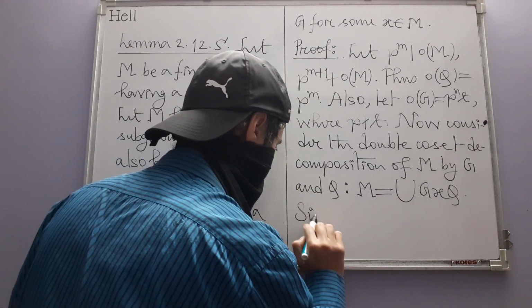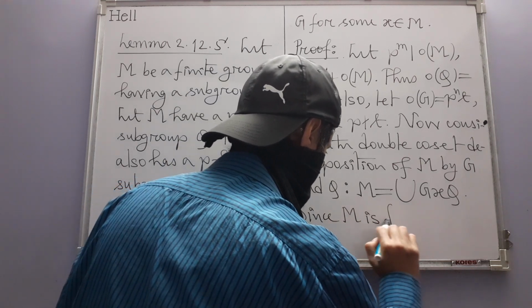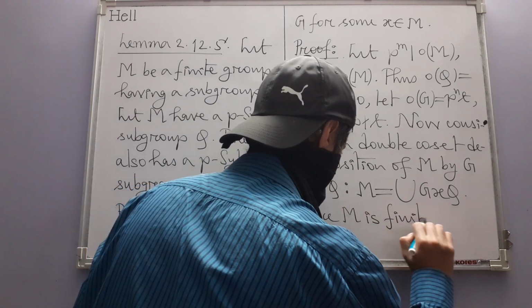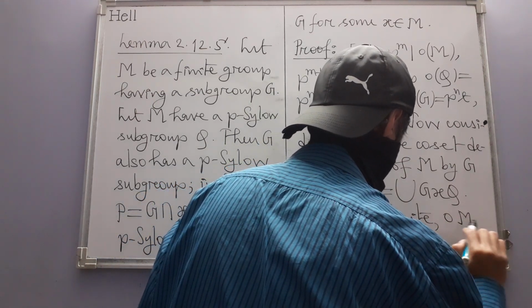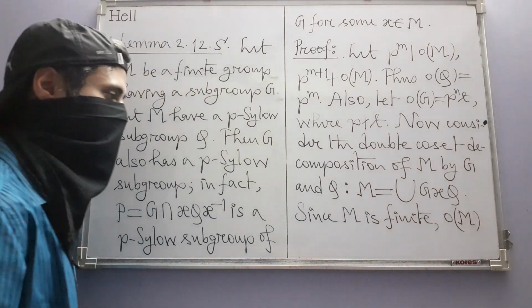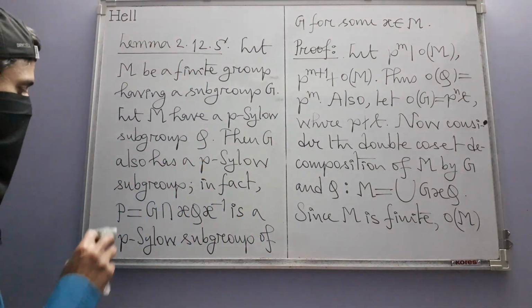Since M is finite, this disjoint union will turn into an equation if we are talking about the number of elements.